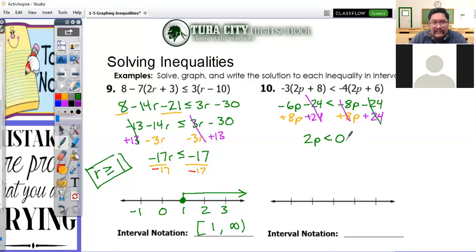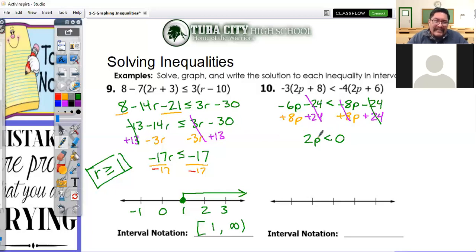No, doesn't mean we have no solution. Remember, the rule for no solution or all real numbers is you lose the variable. We still have the p right here. The p didn't go anywhere. The variable is still there. So therefore there is a solution, but we have no number.